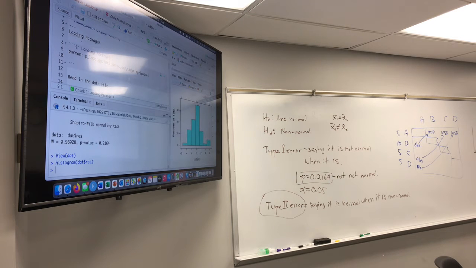So it's not terribly normal, but it's not super wonky. And so that's good to know. The other thing that we can do is run what's called a QQ plot. A QQ plot compares what you would expect from a normal distribution to what your data are actually showing you.